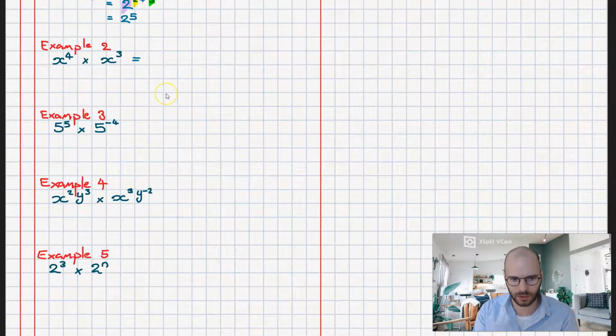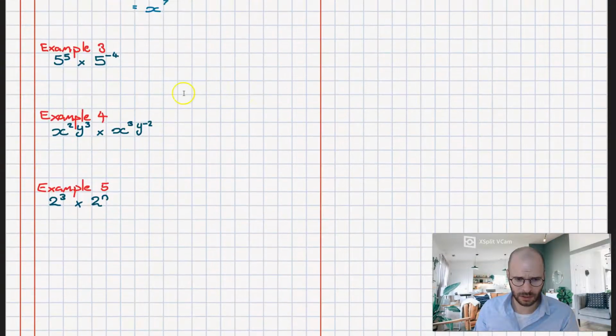We get our common base of x, then we get our first and our second exponents, and we simply add those together. So 4 plus 3 will yield a result of x to the power of 7. So the simplification of x to the 4 times x to the 3 is x to the 7. But you probably remember this from your algebra laws.